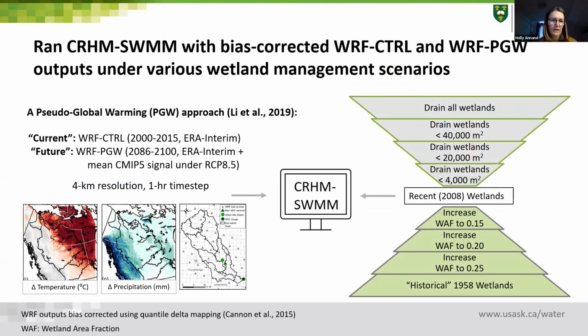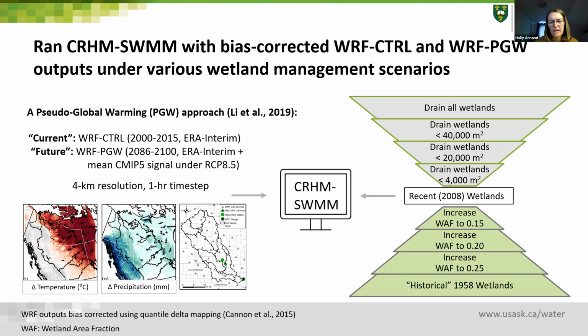For the current or control period is the WRF control, and then the pseudo-global warming simulation into the future climate period. And that's a perturbation under RCP 8.5, or the worst case scenario future climate model. And WRF runs at a 4 kilometer resolution with 1 hour time step, which was great to use with CRHM and with our process-based hydrological model.